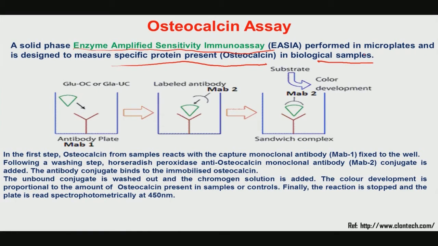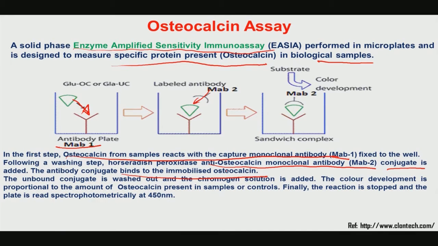Like before, you first grow the cells on a substrate or a culture plate, and then osteocalcin from the samples reacts with the capture monoclonal antibody, that is MAB1, as shown here. So, it gets tagged here, and then comes MAB2, the anti-osteocalcin monoclonal antibody 2, and their conjugate is added. This antibody conjugate then binds to the immobilized osteocalcin.